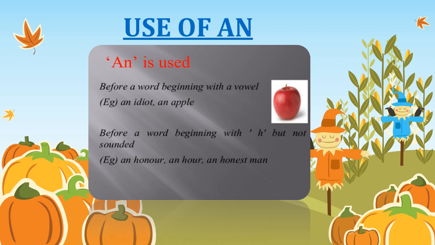We also use an before a word beginning with H but not sounding H. Let's understand it with the help of an example. An honor, an hour, an honest man.